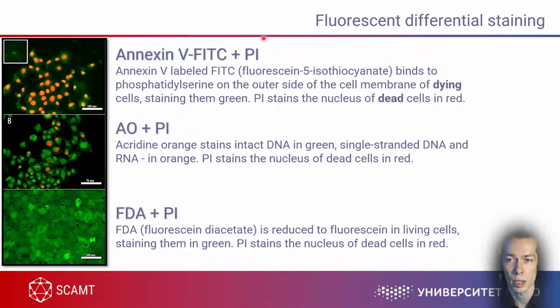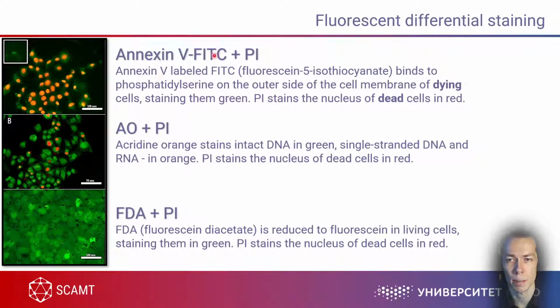Propidium iodide can enter only a damaged cell membrane, so there is almost no way for propidium iodide to stain living cells. After propidium iodide enters a damaged cell, it can bind to DNA and produce red or yellowish fluorescence.